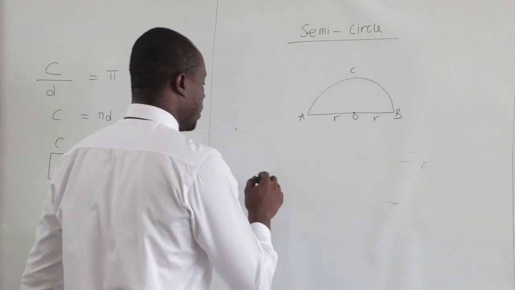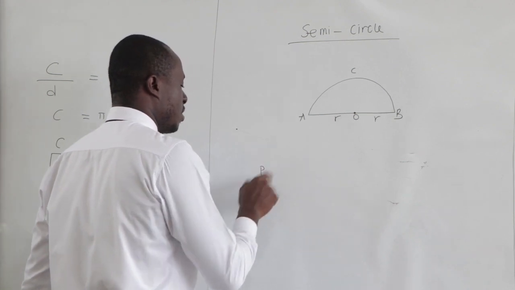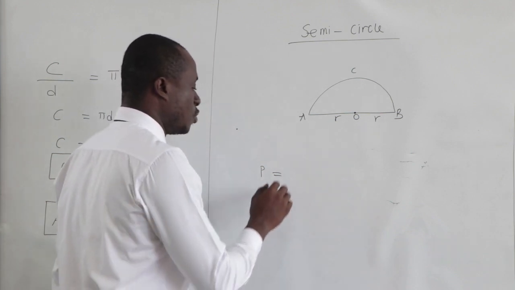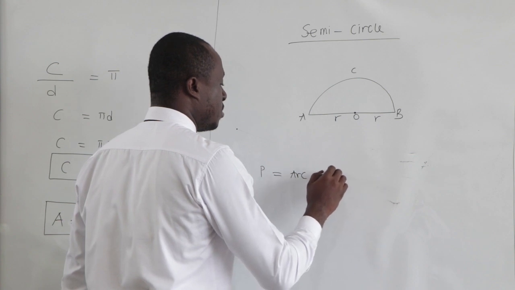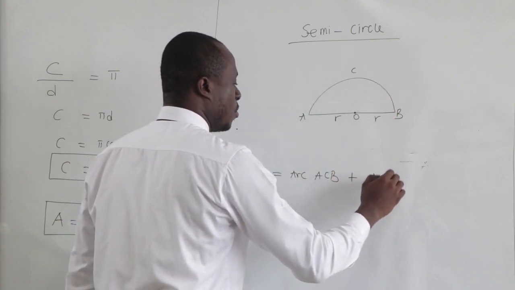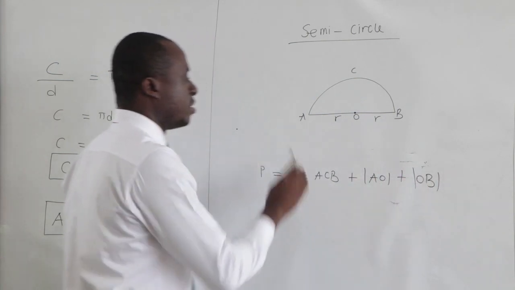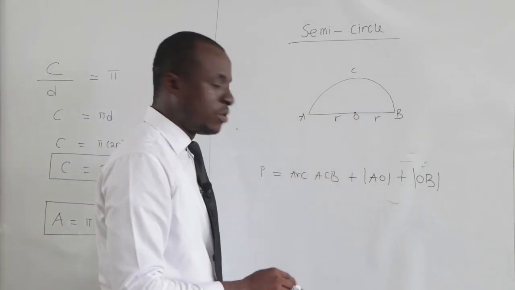So, if we want to find the perimeter of a semicircle, that's the circumference of the semicircle, it is going to be what? That is our arc ACB plus AO plus OB.